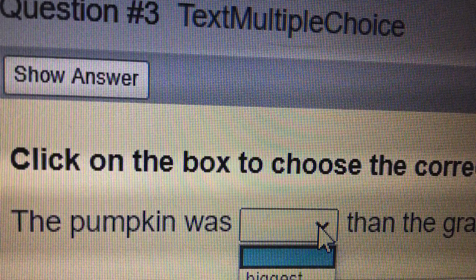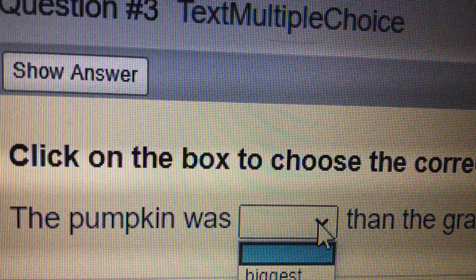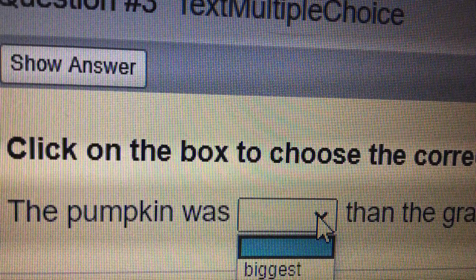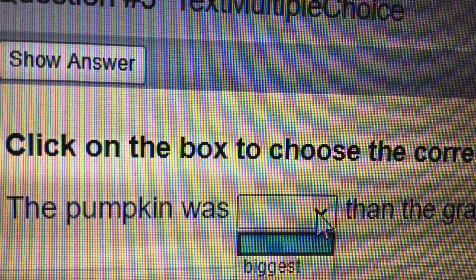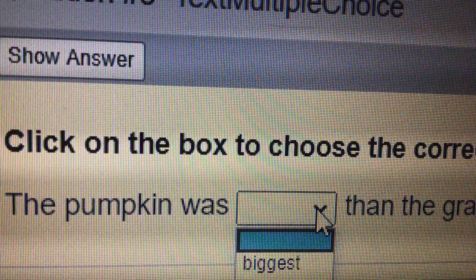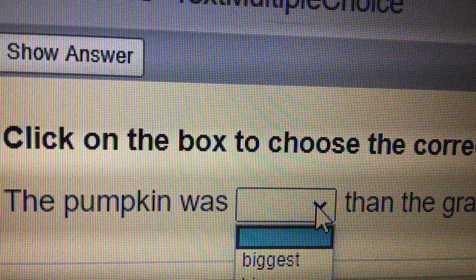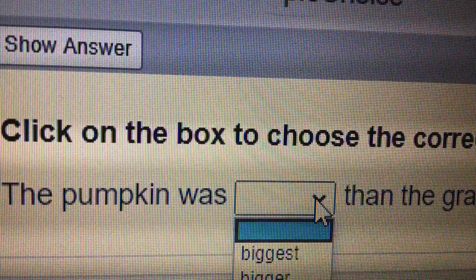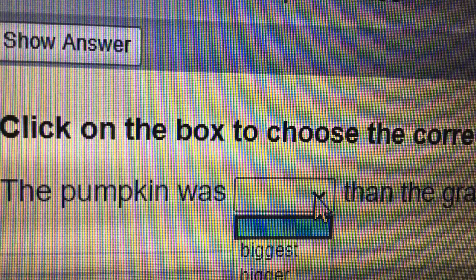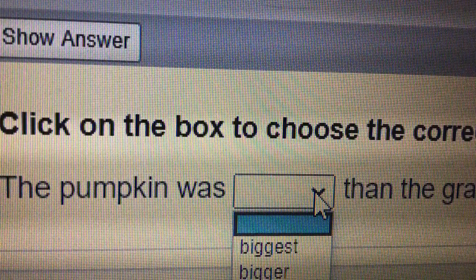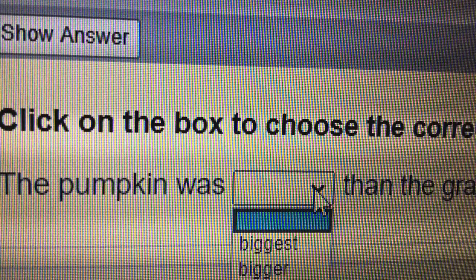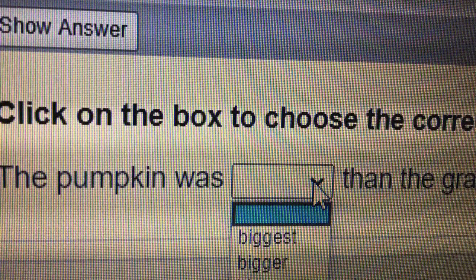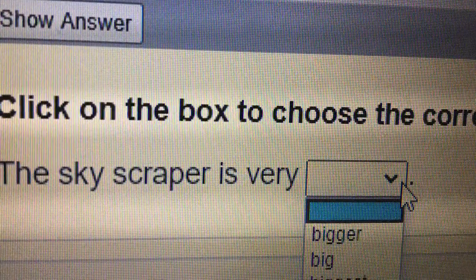Question 3. The pumpkin was biggest, bigger, big than the grape. Question 4.